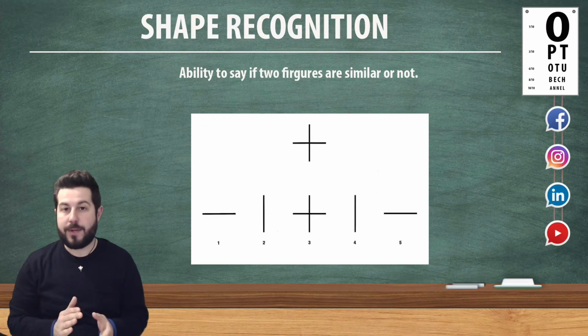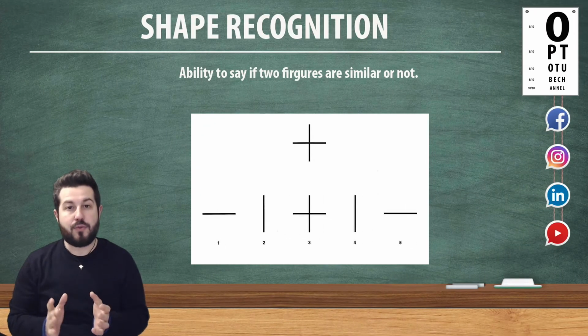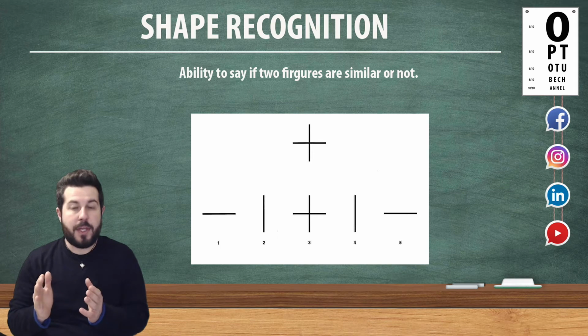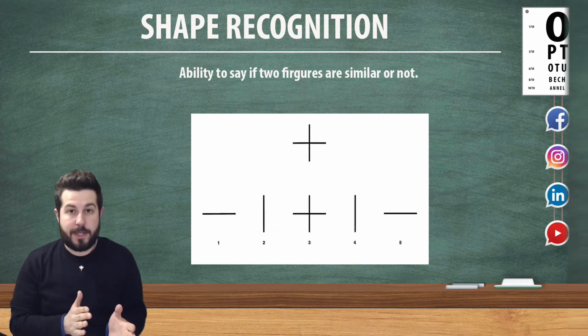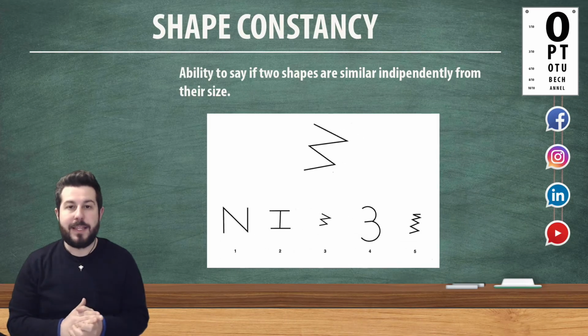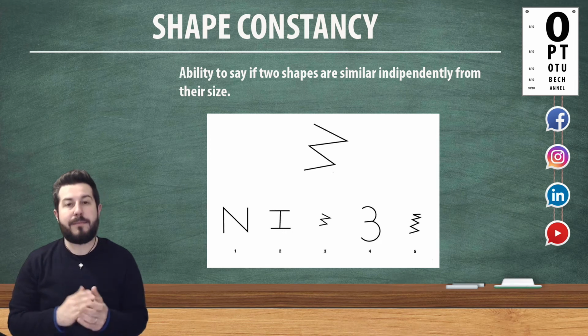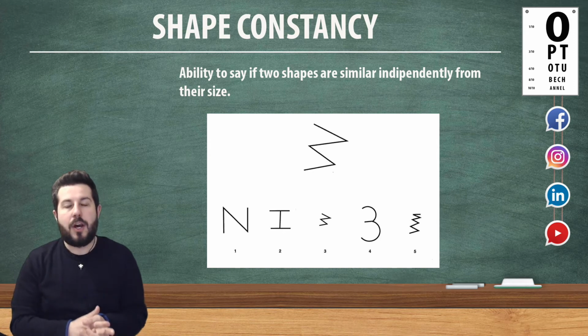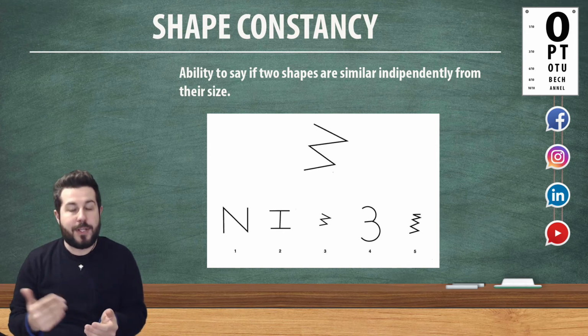In shape recognition, the patient has to evaluate details to discriminate two shapes and say if they are similar or not similar. In shape constancy, the patient has to recognize key features to determine if the shape is the same or not, also if the orientation changes.